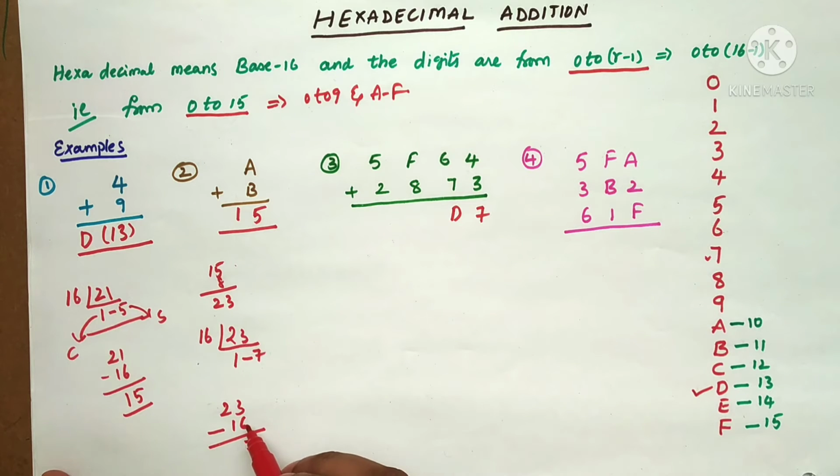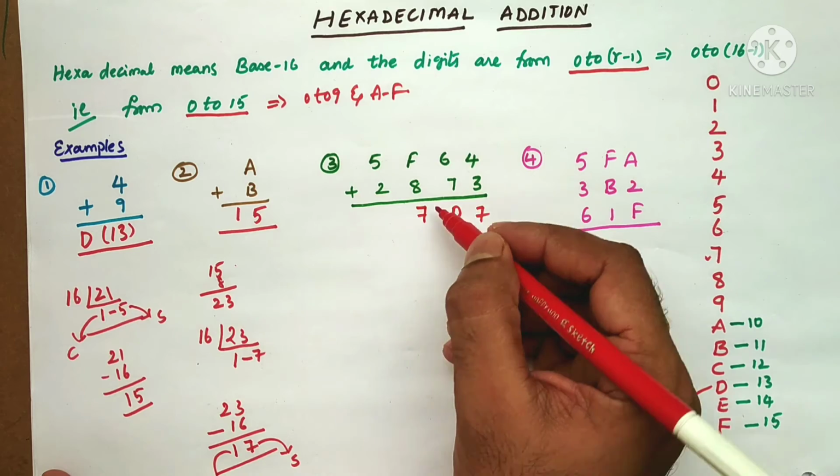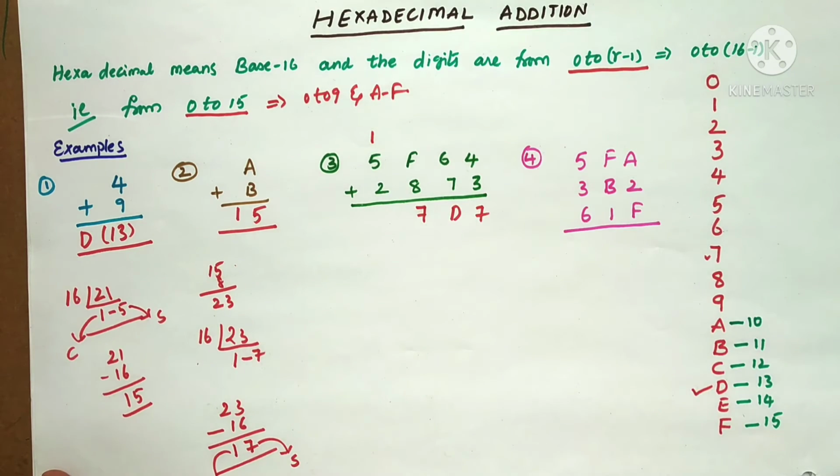How many times have you subtracted 16 from 23? Only one time. So write 1 here. 7 is the sum and 1 is the carry, so 7 is here as the sum, and the 1 carry goes here.